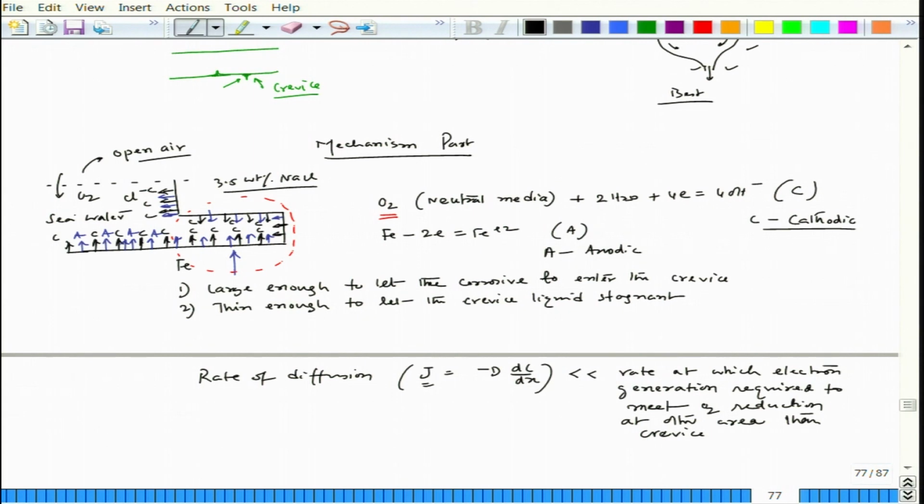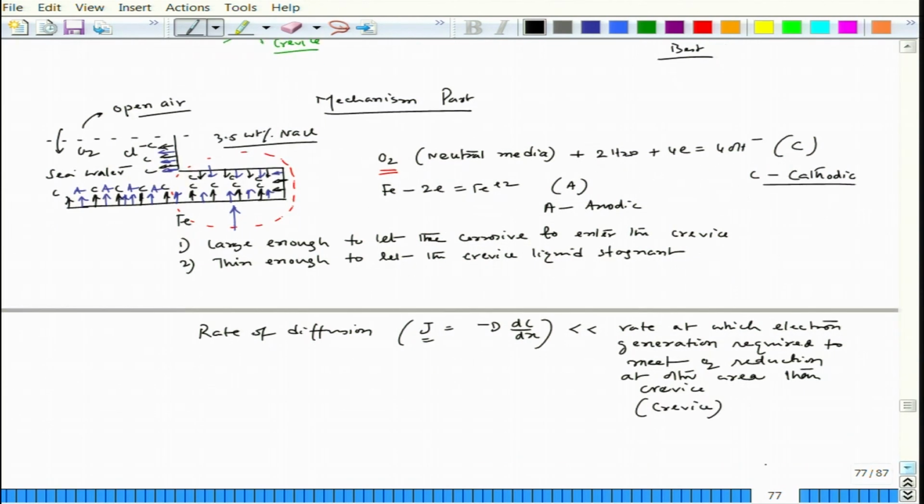The only part which can supply electrons now is the crevice part, and in order to do that we have to have this reaction taking place. So, the anodic reaction would now preferentially happen in the crevice part and the cathodic reaction would happen on the bulk of the metal part.